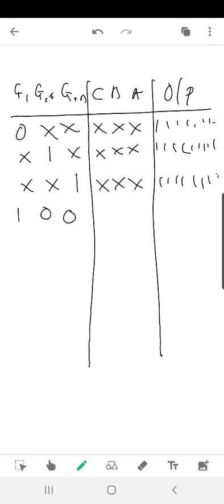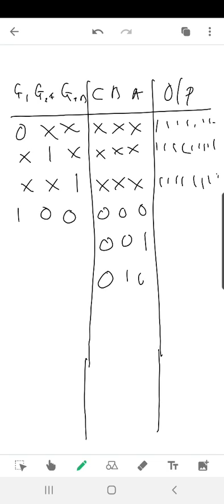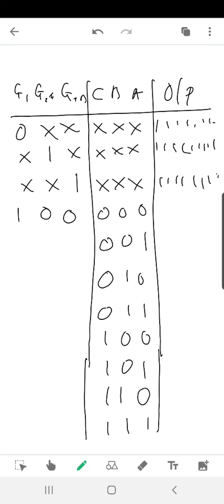If this is the case, then we have 8 different combinations possible with 3 inputs. The combinations will be 000, 001, 010, 011, 100, 101, 110, and 111. For these 3 input states, the state of G1, G2A and G2B should be 100 only.